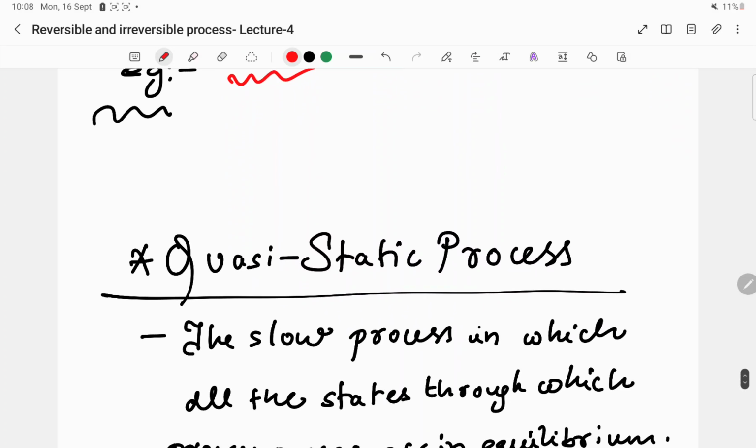And now the quasi-static process. Quasi means almost, and static means slow. Just remember this word, slow.